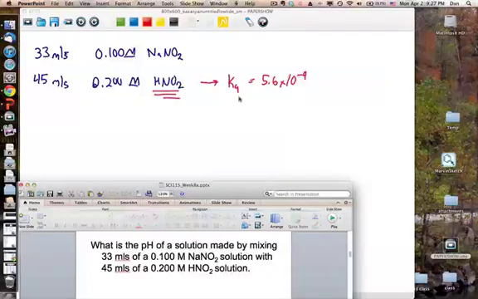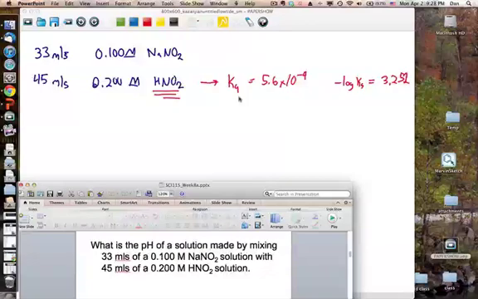And then using whichever method you so dearly like, you can convert this into the pKa, which is the negative log of the Ka. The pKa is equal to 3.252.